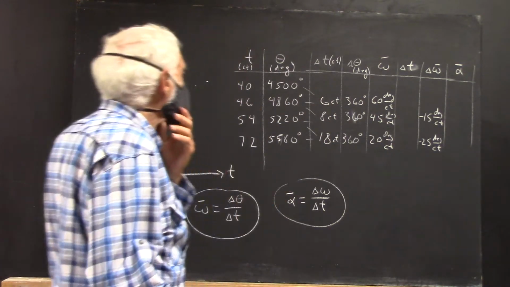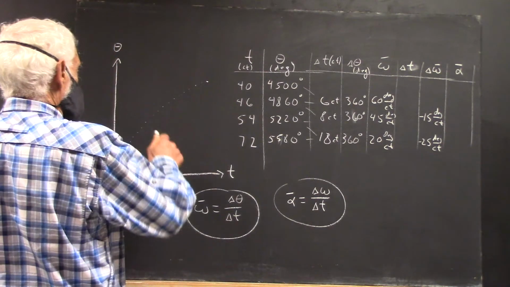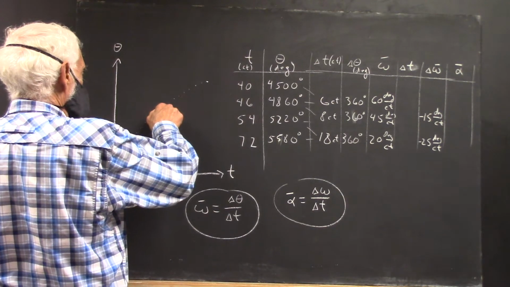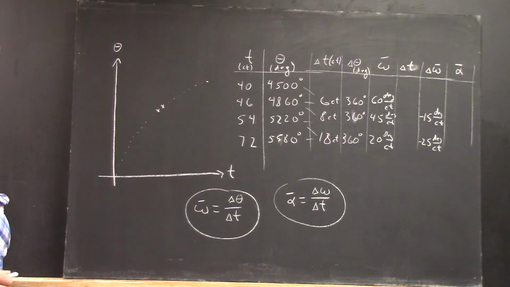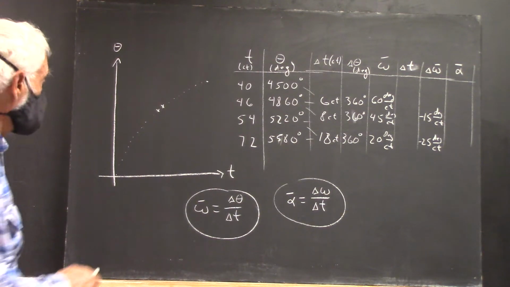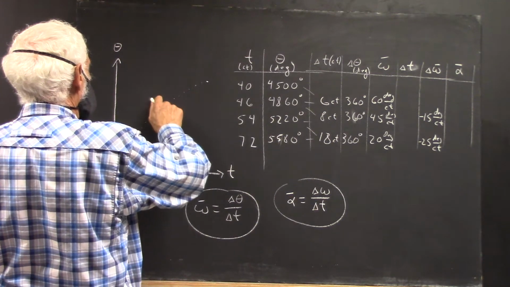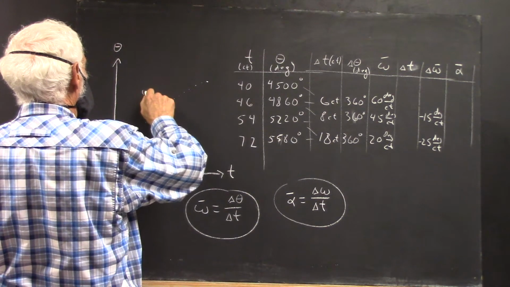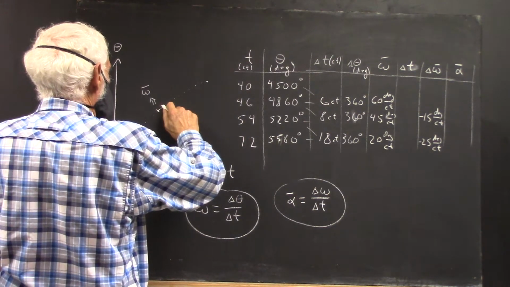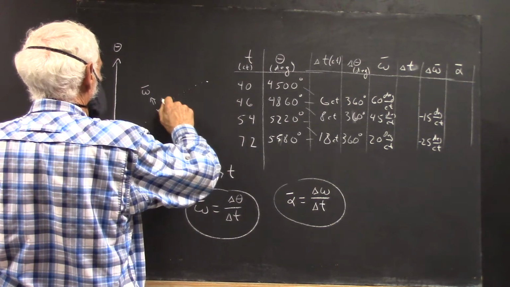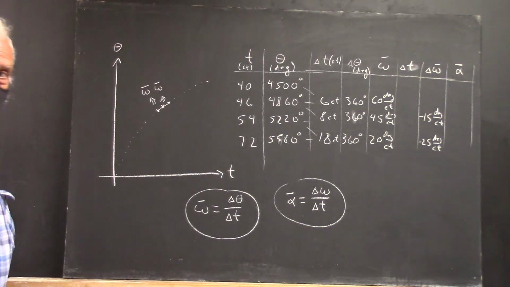Well, if you think about it, for any one of these calculations, we've got a couple of values of theta. Right? So these two values give us an omega bar, and then the next two values give us an omega bar.